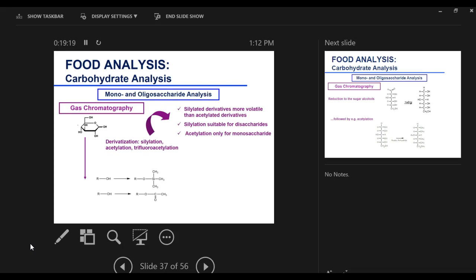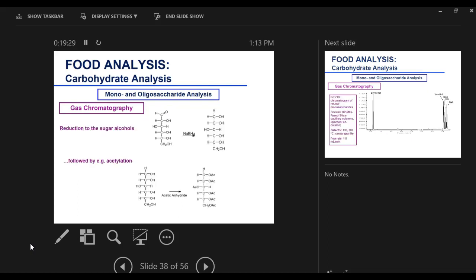The silylation is also suitable for disaccharides, but acetylation is suitable for monosaccharides. So if you have monosaccharides that you want to determine, you can do acetylation, but first you have to reduce the sugars into sugar alcohols with sodium borohydride.